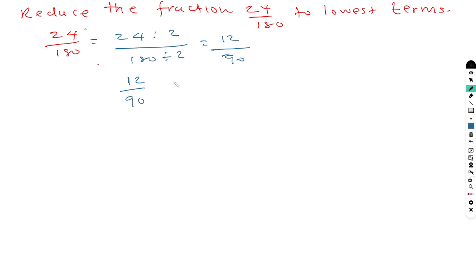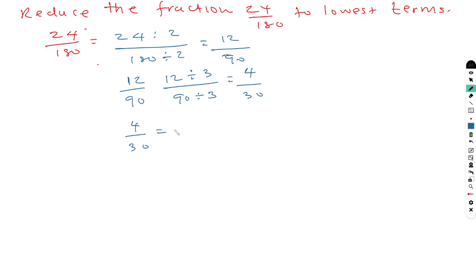You can see 3 still is a common factor for both. So you say 12 divided by 3 over 90 divided by 3. That means this one is 4 over 30. Okay, we can see 2 still divides both 30 and 4.